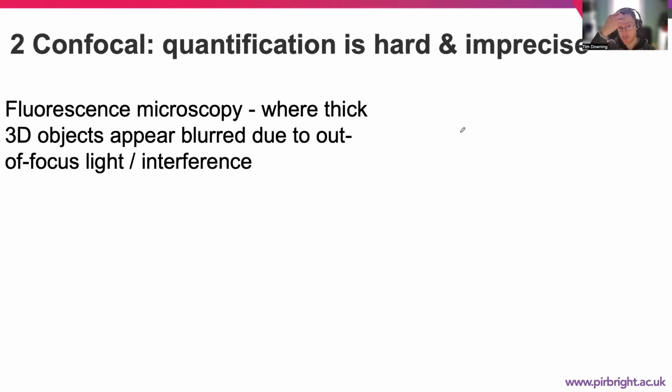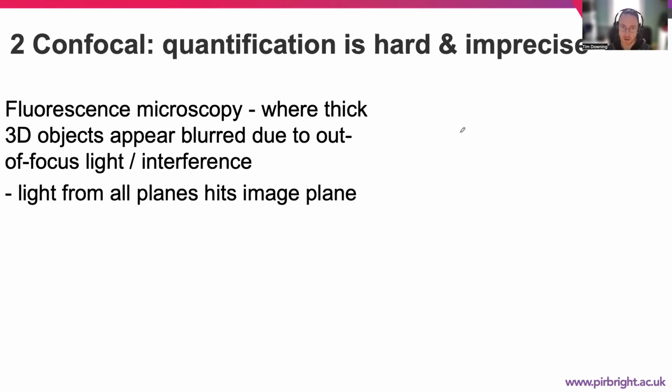So you have fluorescence microscopy where thick 3D objects can be out of focus and difficult to optimize the approach by which we get the right light wavelengths coming back towards us. And the issue is that the light from all the planes hits the image plane.